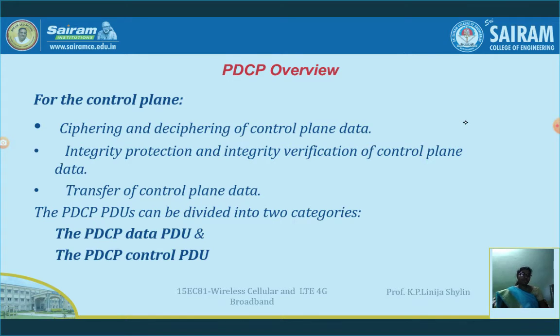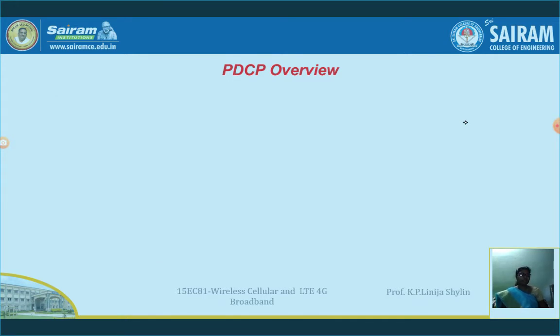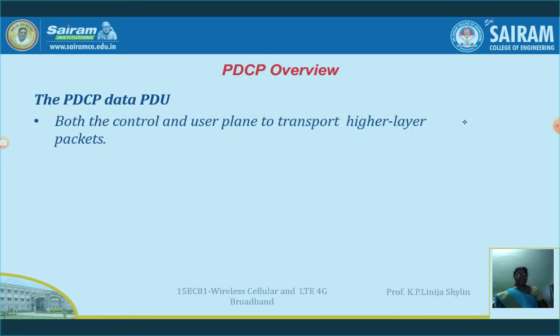In the PDCP data PDU, what happens? The data PDU is associated with both the user plane and the control plane. And for what purpose? This data PDU will transport the higher layer protocols.